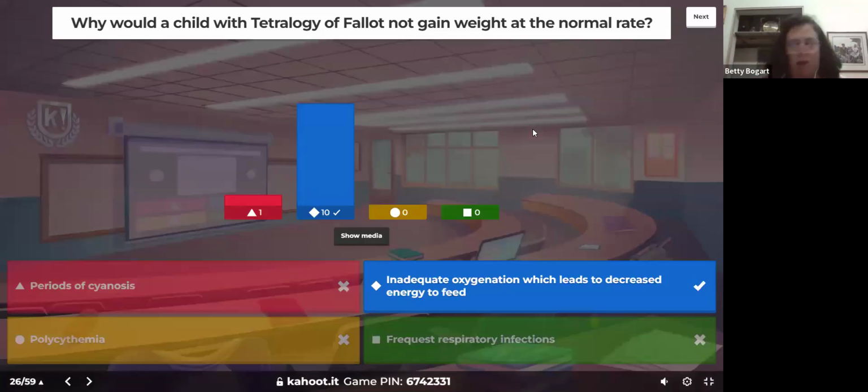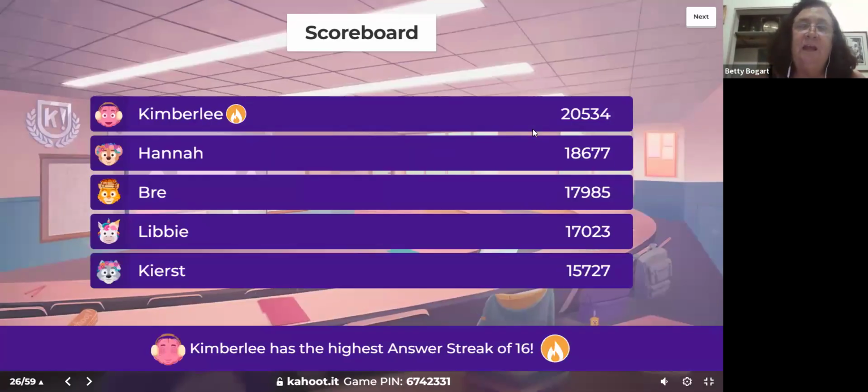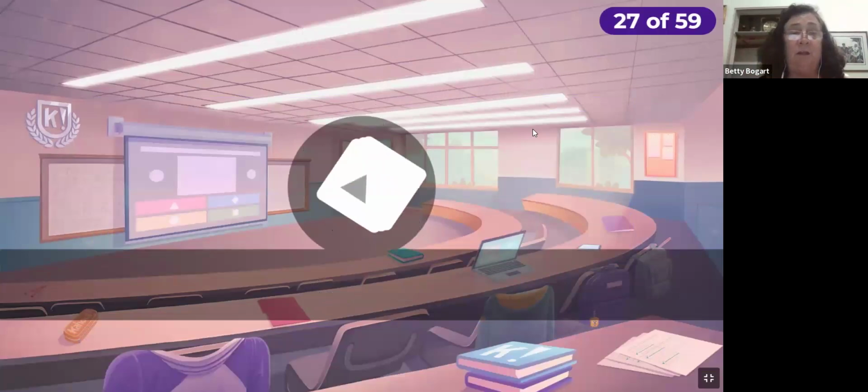Coarctation, tetralogy, always will be seen further on in your HESI and NCLEX. Again, inadequate oxygenation, which leads to decreased energy to feed. This is another congenital heart defect. They're working so hard to get oxygen around, and they just can't eat. And they're going to be smaller, absolutely.